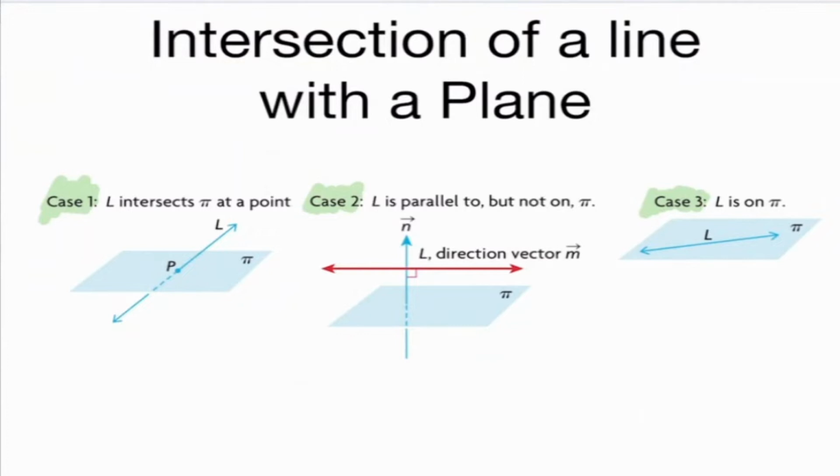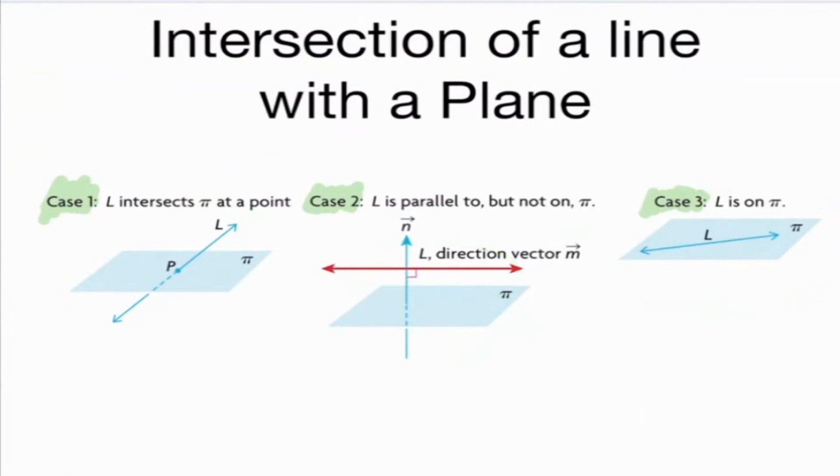There are three options. Either the plane and the line intersect at a point, as illustrated in this diagram, or the line and the plane are parallel to one another, so they'll never cross, or the line is on the plane. There's no situation where the line crosses twice. And if the line and the plane are not parallel, they will eventually have to cross.